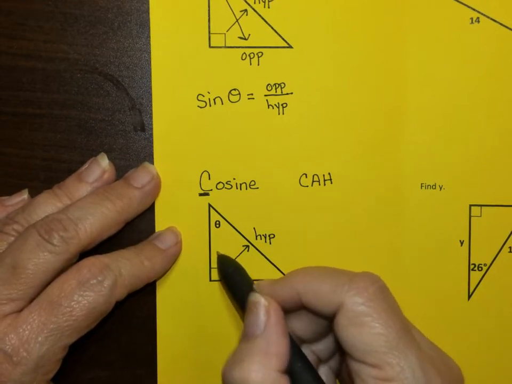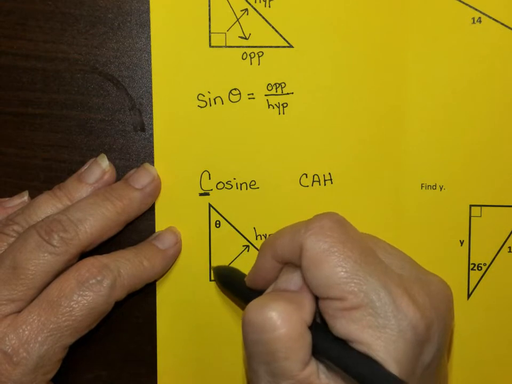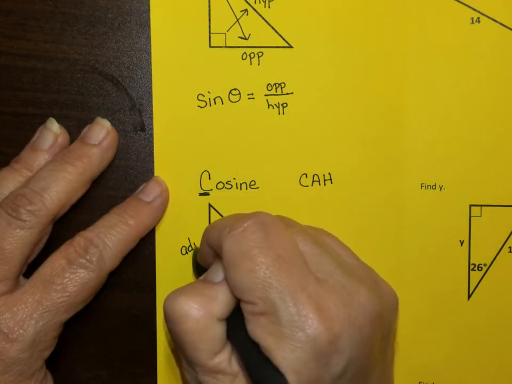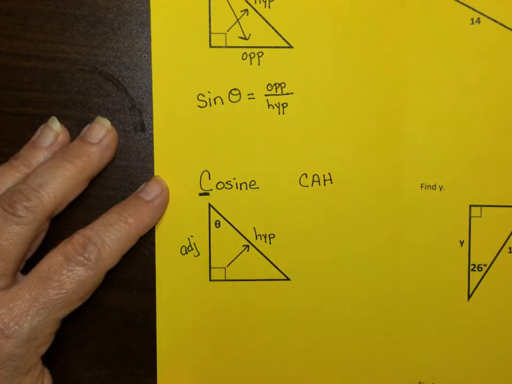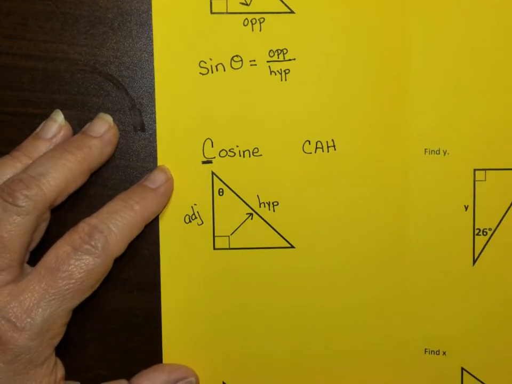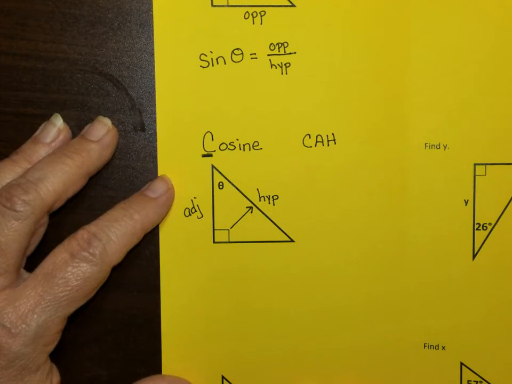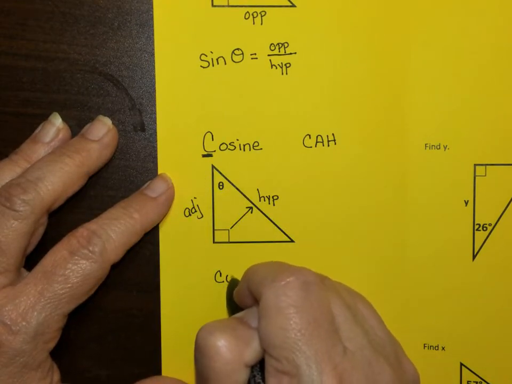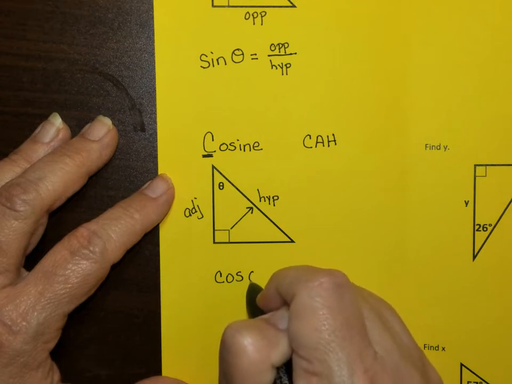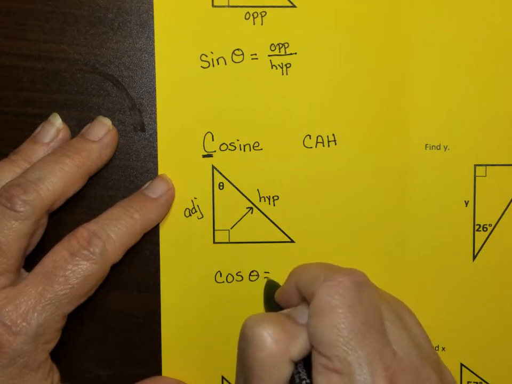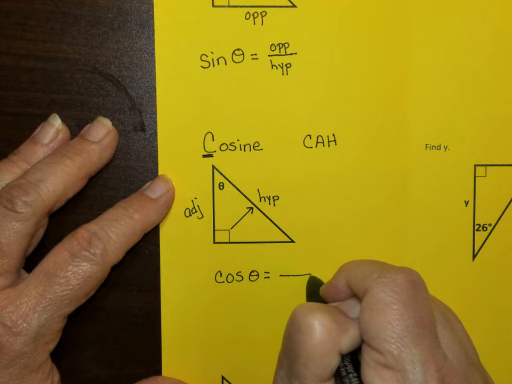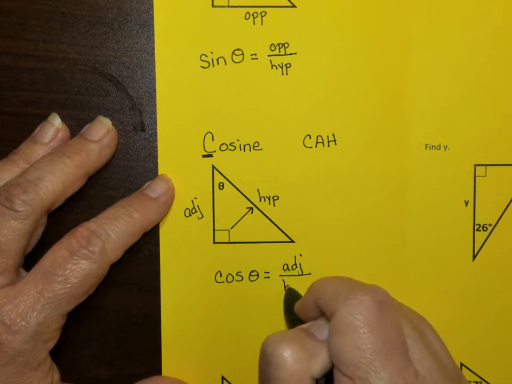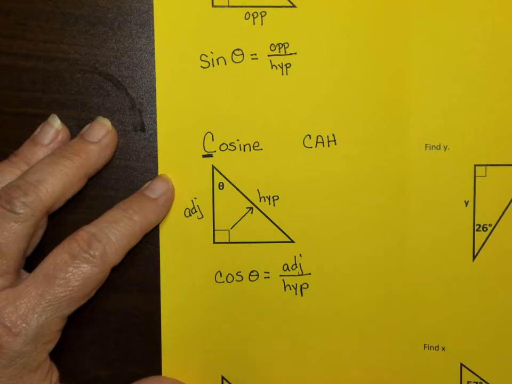And my adjacent has to touch my theta. So adjacent is right here next to theta. And my fraction goes like this. Cosine, we abbreviate COS. Cosine theta equals adjacent, ADJ, over hypotenuse, HYP.